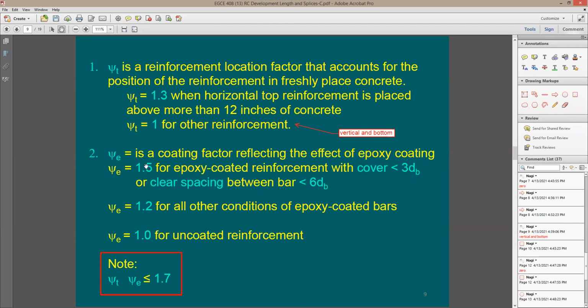Do you think I'm going to be within this category, 1.5 or 1.2 or what? The rebar size I have is number 9, more than an inch, and the cover is 3/4 inch. What psi sub e should I use? 1.5 or 1.2? Of course, 1.5, because the cover is very small. The cover is less than 3 d_b. Therefore, I'm going to be within this category.